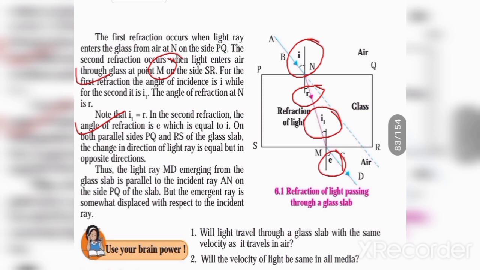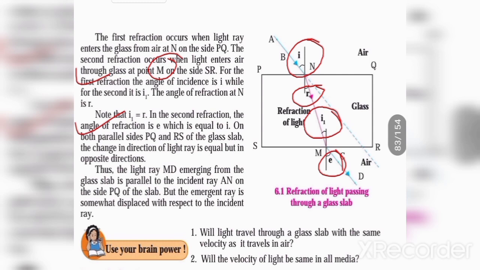E is equal to I on the two parallel sides PQ and SR of the glass slab. The change in the direction of the light ray is equal but opposite in direction. Thus the light ray MD emerging from the glass slab is parallel to the incident ray AN.